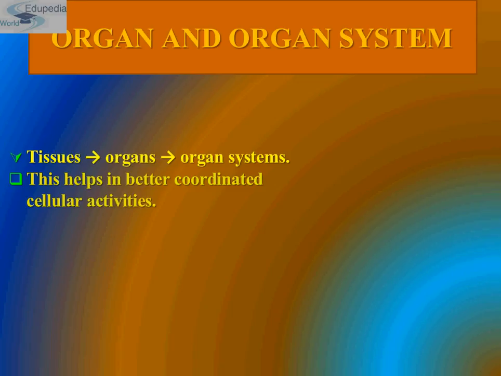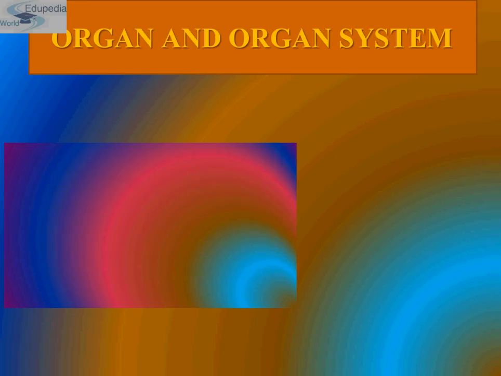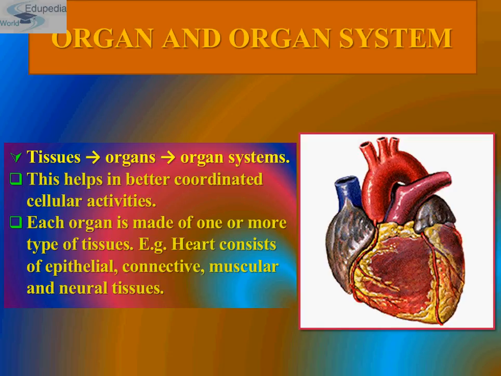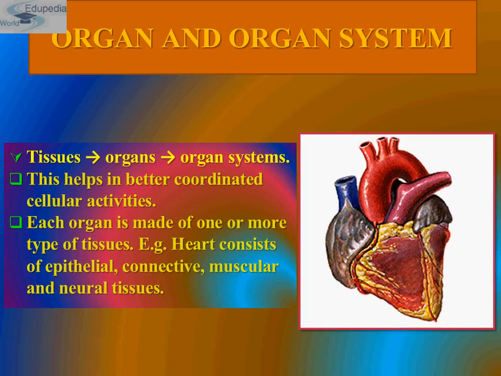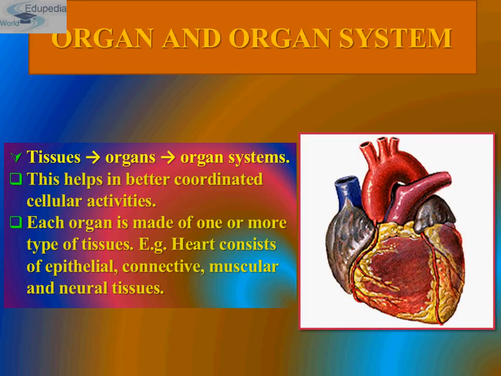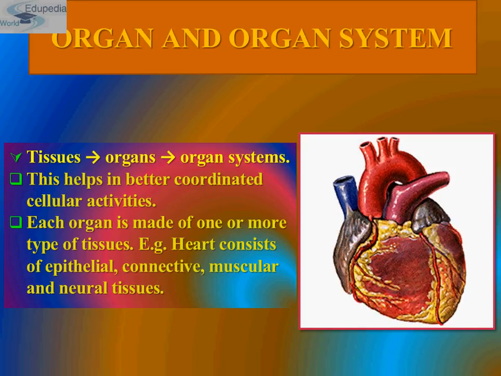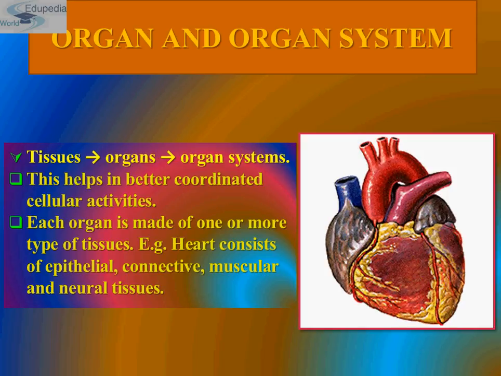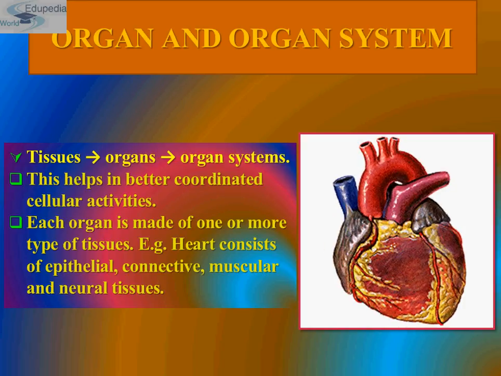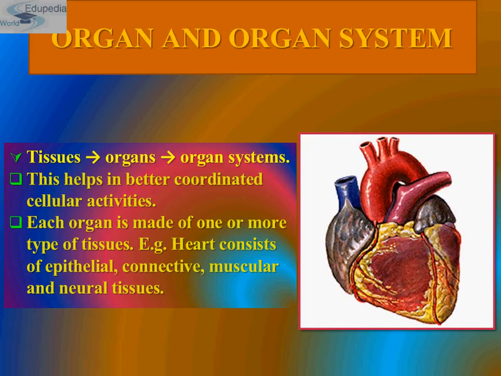Okay, so this helps in the better coordinated cellular activity, and this is how it works. In case of the animals, this refers to the external appearance of the organ or the parts of the body. Okay, we are not going into the anatomy of it, but for the time being, just know how organs and organ systems are made with the help of tissues that work in the same direction or in a coordinated fashion.